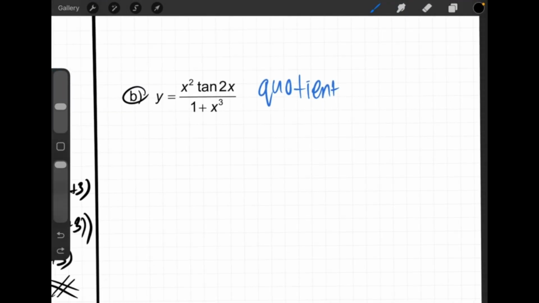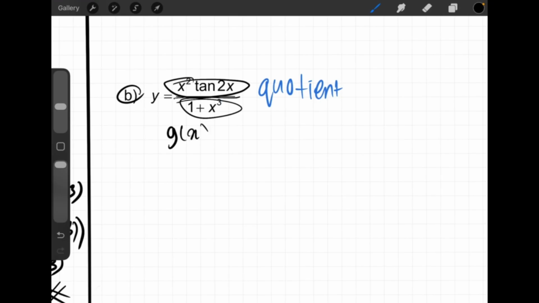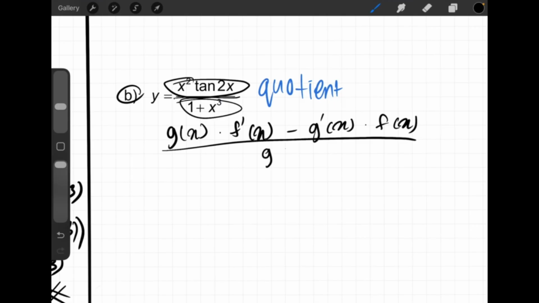So for question B, we're going to use the quotient rule because we are trying to find the derivative of one differentiable function divided by another differentiable function. So the formula for the quotient rule is t(x) times f'(x) minus t'(x) times f(x) over t(x) to the power of 2.